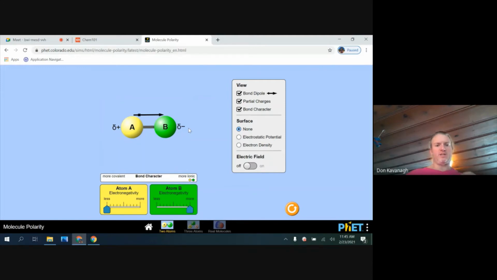And when somebody says delta positive, they are saying partial positive. It's not a full positive charge. We are talking about a partial positive charge. And this dipole arrow and this delta positive are always going to line up. So this is like repeating, like six eggs, half a dozen, saying the same thing here.